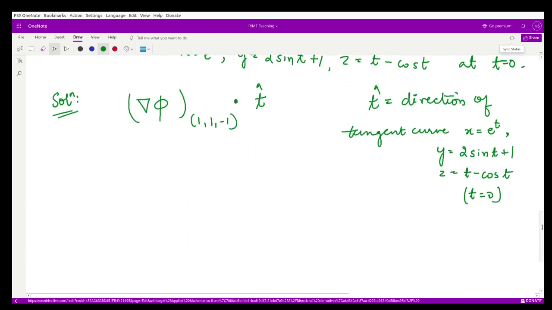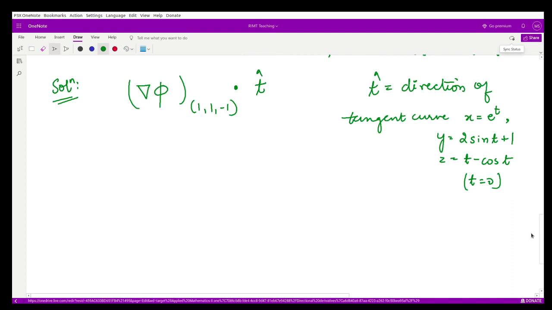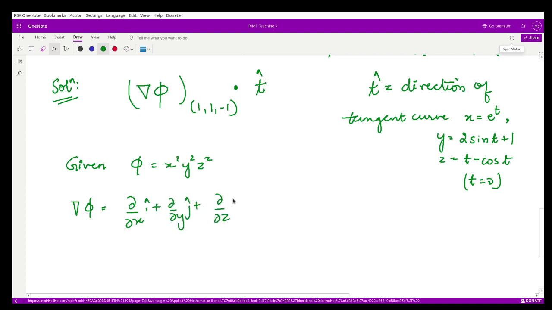First, we have to compute the gradient of the surface phi, right? So let me first calculate this. We are given phi to be x square y square z square. So what would be the gradient of phi? It would be del by del x I cap plus del by del y j cap plus del by del z k cap of this phi.